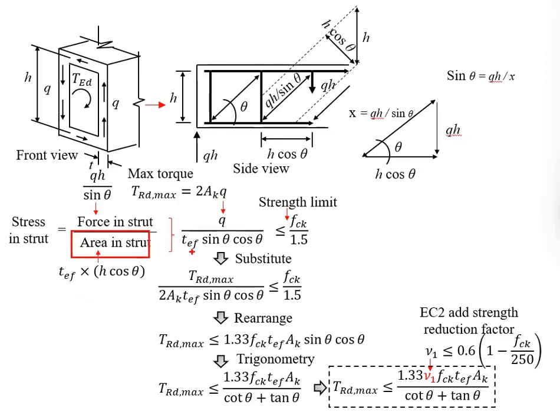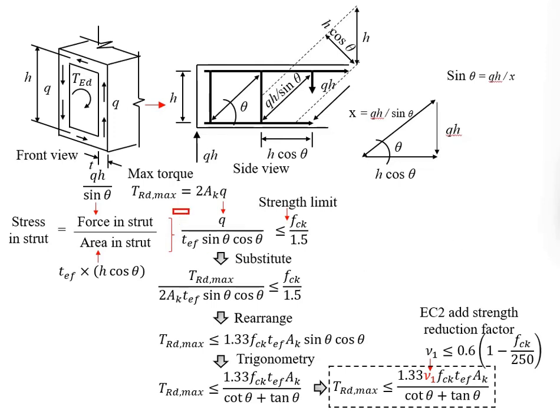As for the area, we are talking about this width times the effective thickness of the section, since we are referring to this section only. That's why you get the effective thickness times h cos theta. Now, if you put these two formulas together to get the stress in the compressive strut, the h here will cancel out each other.